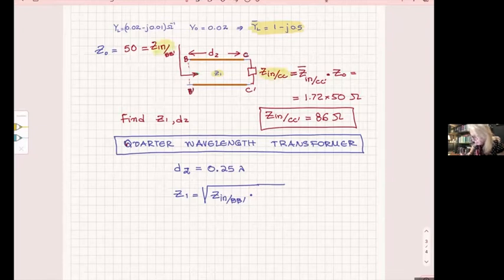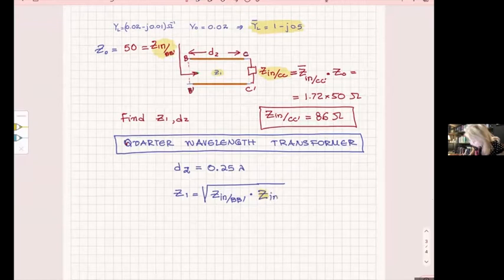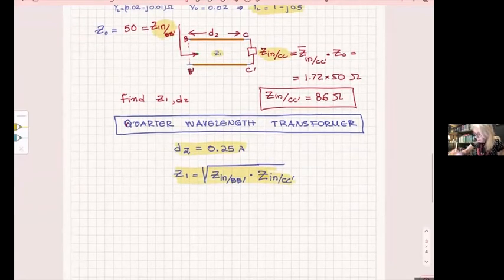So it is the product of these two inside the square root. All right, so there is a relationship that connects the input and the load, and that is the relationship in the quarter wavelength transformer.